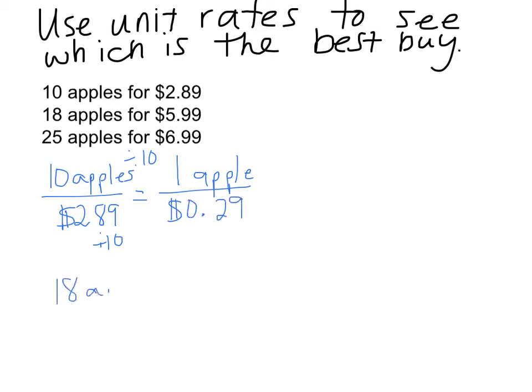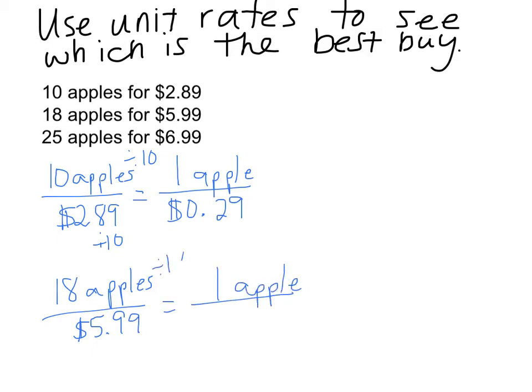I have 18 apples over $5.99, but I want to know how much is 1 apple. So I divide by 18 and divide by 18. And I get, rounded to the nearest hundredth, 0.33.